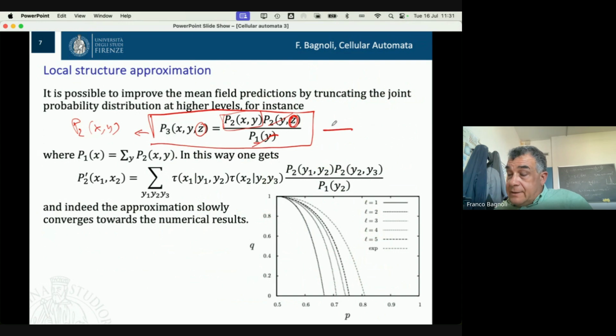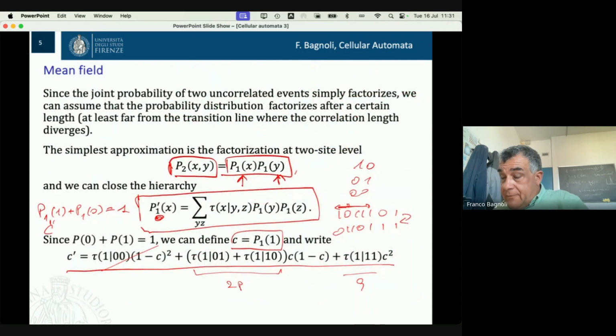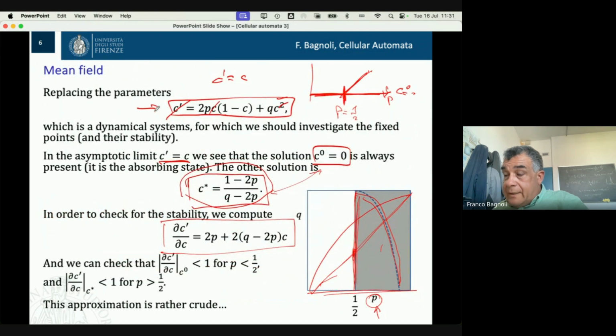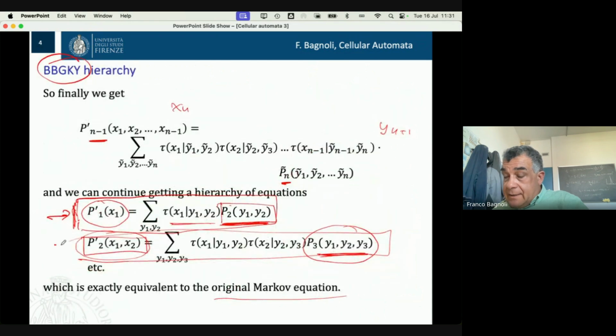This can still be done by hand. Others need a computer in order to perform the computation, because while the first approximation gives simply one equation, at this level we have 4 terms.